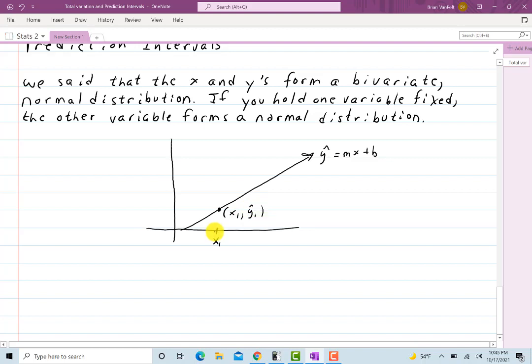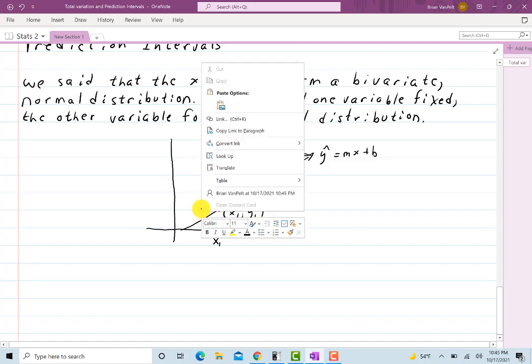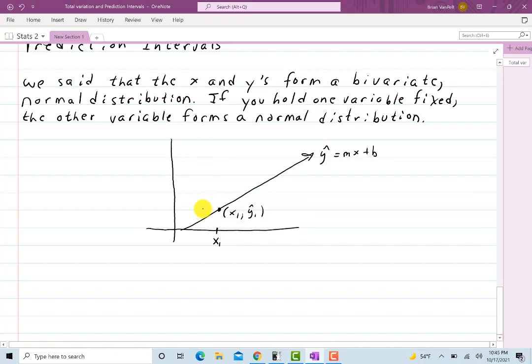I want to make a normal distribution from this little tippy point here, like so. In the center of that normal distribution, it's supposed to be centered at y1 hat.